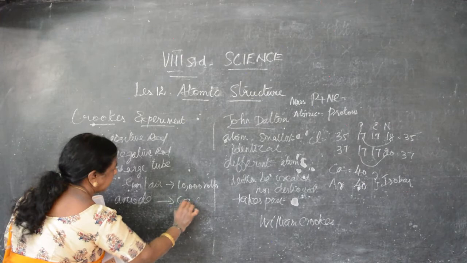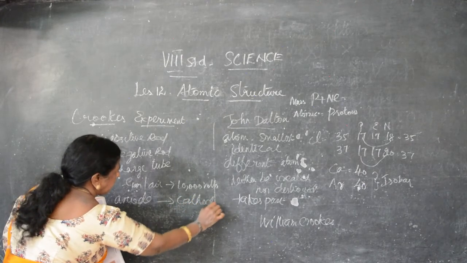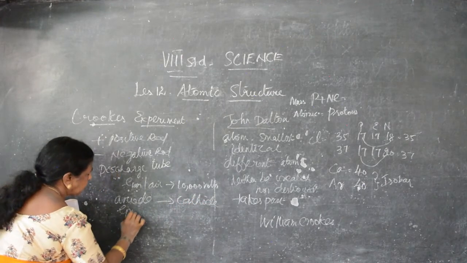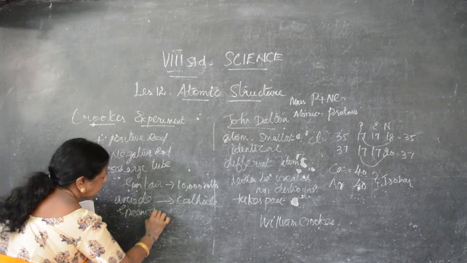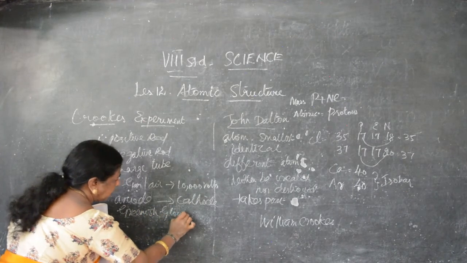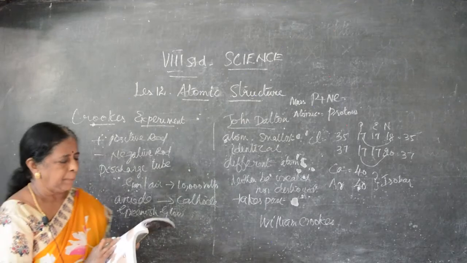What is the greenish glow? Glow means a kind of light. Okay.